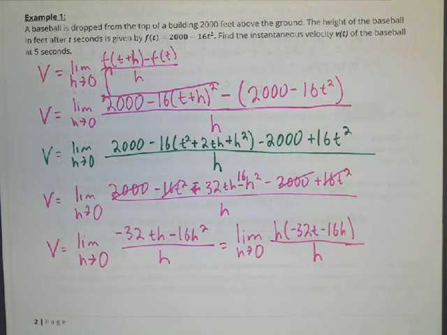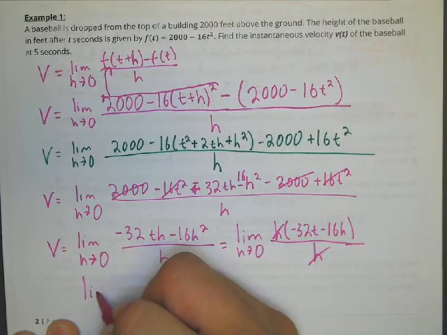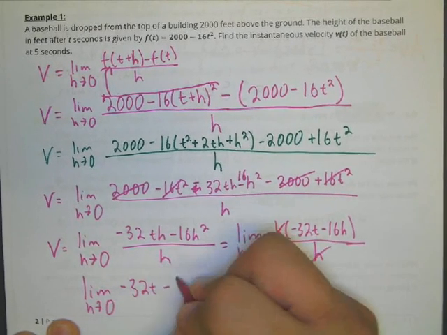What happens to those h's? They cancel. And we're only left with the limit as h approaches 0 of negative 32t minus 16h.